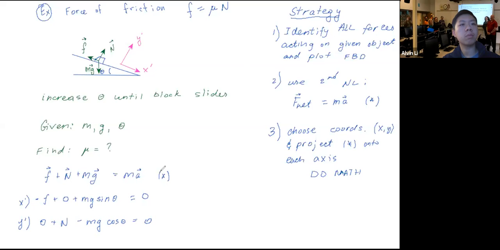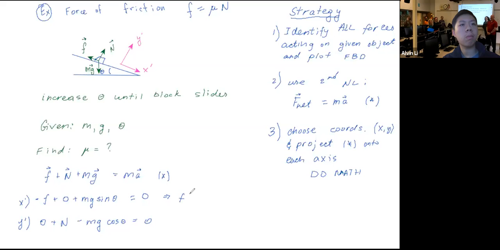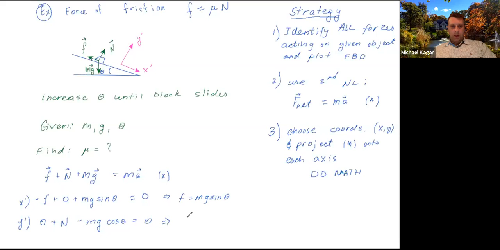Okay, then from here we gather that f equals mg sine theta. From here we get that n equals mg cos theta.